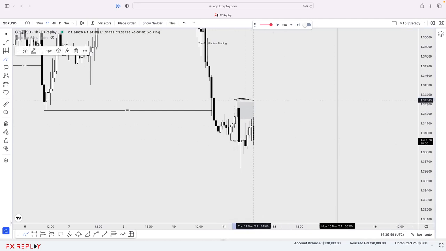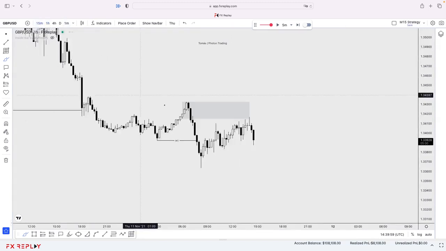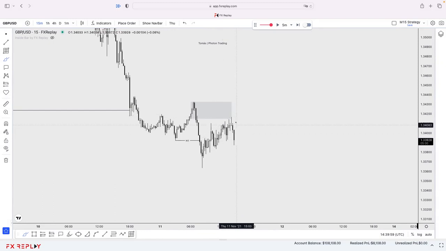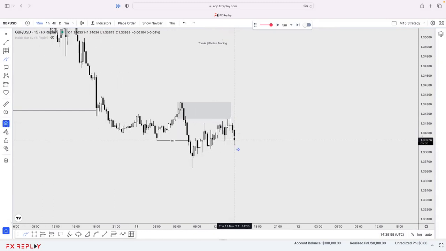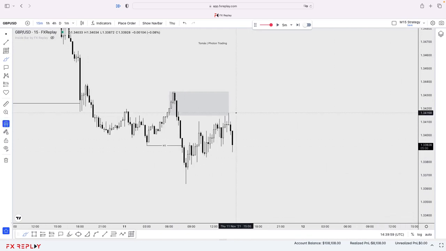So if this is going to hold, it's going from here. There's nothing more there, okay? First, always understand where we're coming from. Then second, essentially the PBL was not mitigated to the EQ, and I really like the fake break with the CHoCH, so I'm happy to look to get involved.